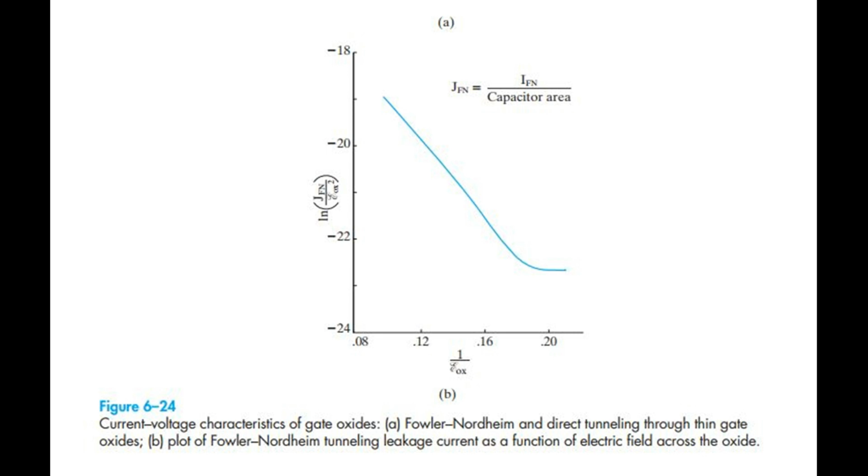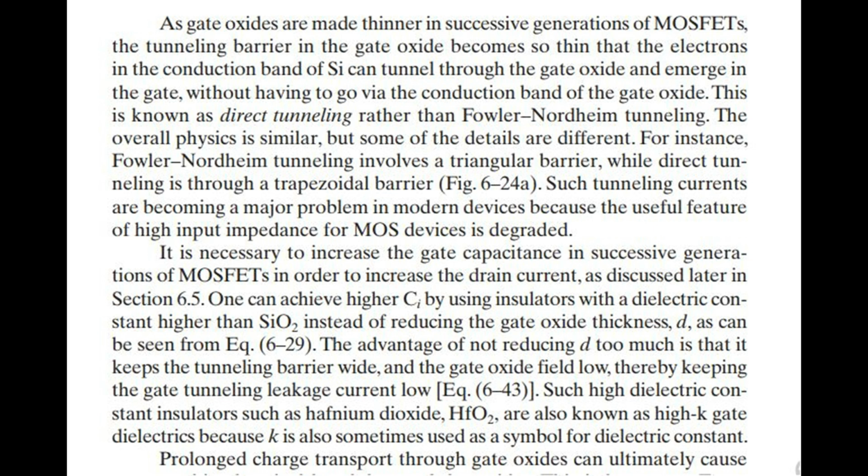One can achieve higher CI by using insulators with a dielectric constant higher than silicon dioxide instead of reducing the gate oxide thickness, D, as can be seen from EQ 629. The advantage of not reducing D too much is that it keeps the tunneling barrier wide, and the gate oxide field low, thereby keeping the gate tunneling leakage current low. EQ 643.